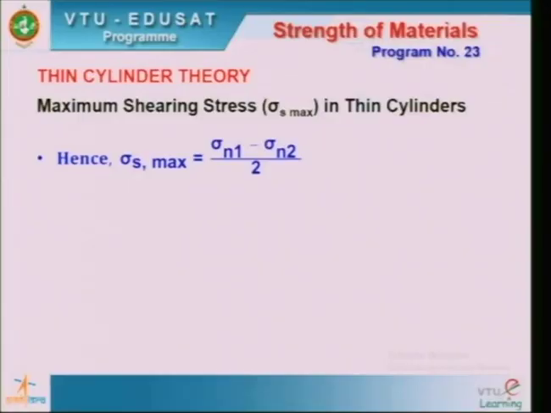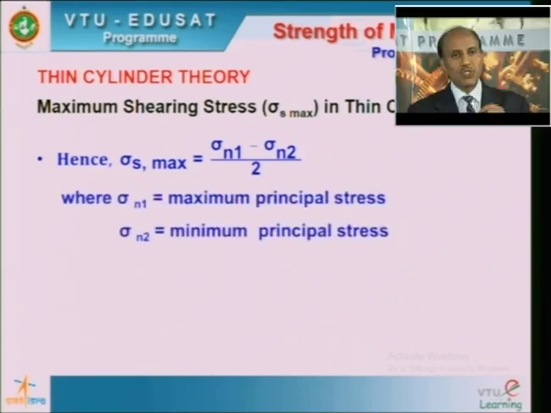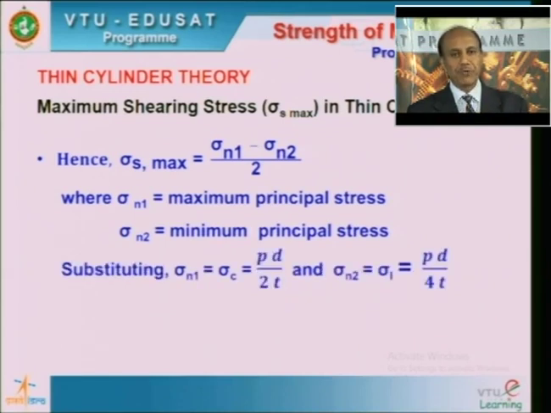So, that is the expression I am giving you: sigma S max is equal to 1/2 the difference between the maximum and minimum principal stress. Sigma N1 is the maximum principal stress, sigma N2 is the minimum principal stress. In this case, sigma N1 is nothing but sigma C, sigma N2 is nothing but sigma L. We substitute sigma N1 and sigma N2 with these values and simplify, and you get sigma S max.